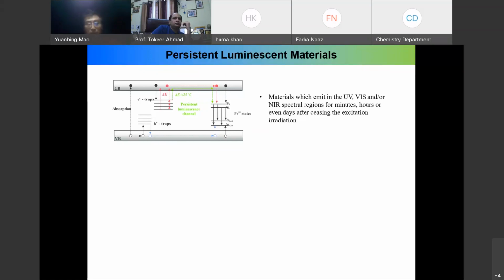Once the excitation irradiation stops, those photons will get back to the conduction band of the host material, and eventually transfer to the activators, and from the activator it will luminesce. So that's the mechanism.